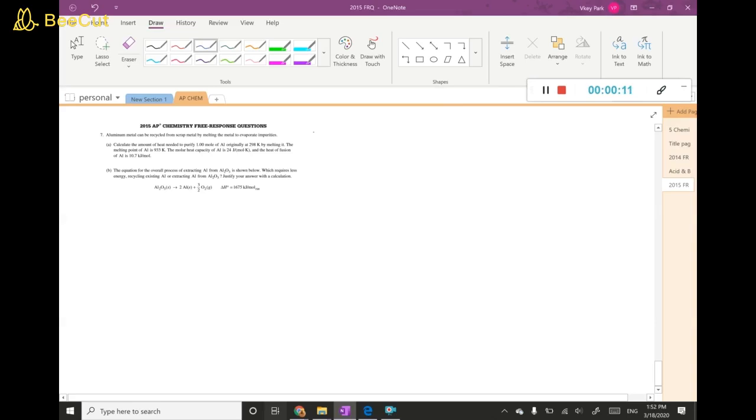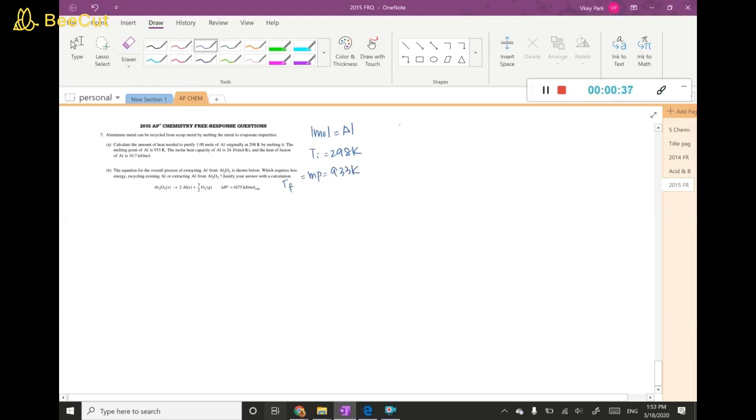And here we are reading, saying aluminum metal can be recycled from scrap metal by melting the metal to evaporate impurities. And A says, calculate the amount of heat needed to purify 1 mole of aluminum. Originally, T initial is 298 Kelvin. By melting it, the melting point is 933 Kelvin, aka this is T final.